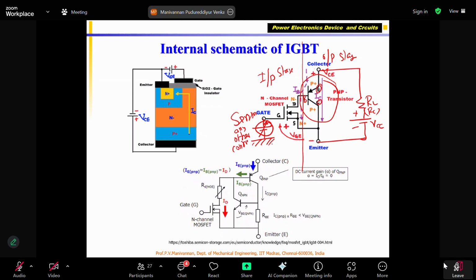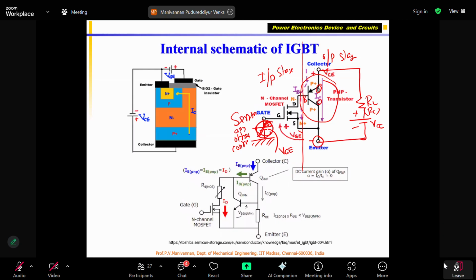Please note that here what we are supplying is VGS. This voltage is called VGE. Please see why I am calling it VGE. In case of MOSFET, it is the voltage between gate and source. But here, it is the voltage between the gate of the MOSFET and the emitter of the output stage of the IGBT, which is a transistor. So we say VGE. So this is the input control.